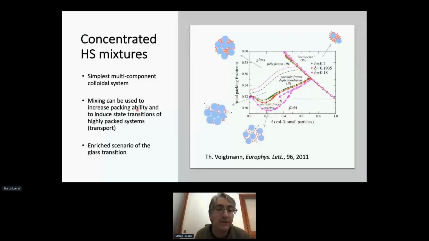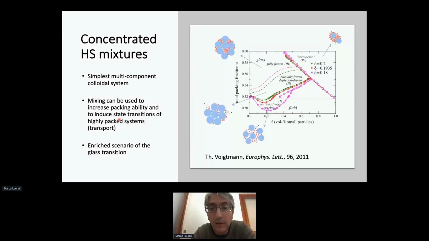And in this sense, it's interesting to study the effects of mixing, because mixing can be used to increase the ability to pack more material in the system. It's also interesting because mixing can induce transitions in the states of this system, which can have implications for applications, for example, for transport of highly packed systems.